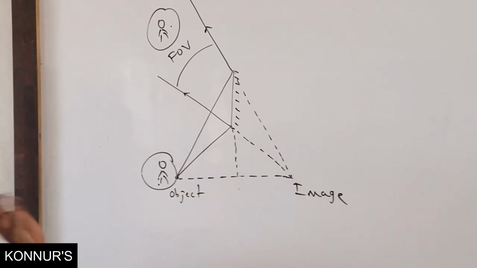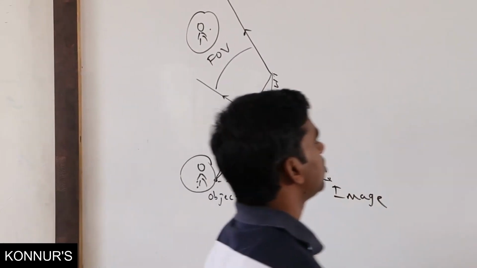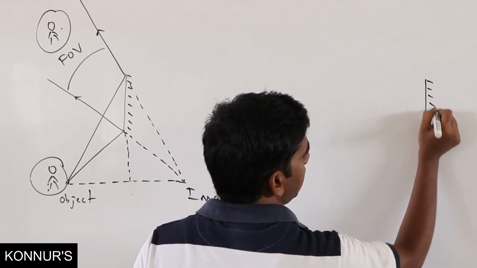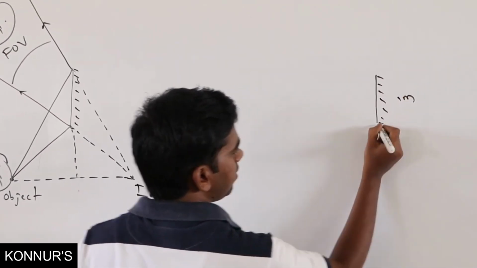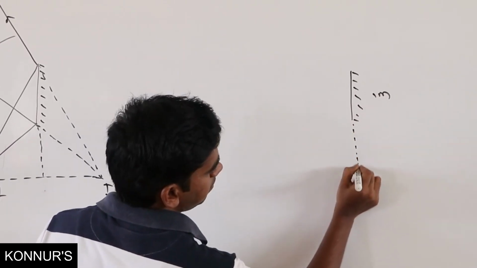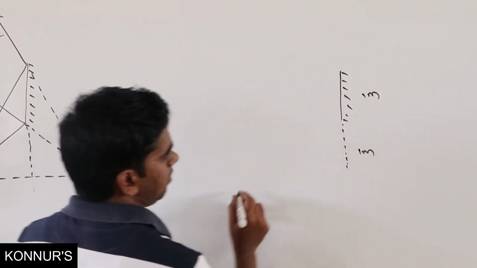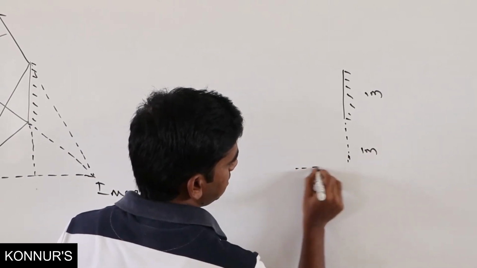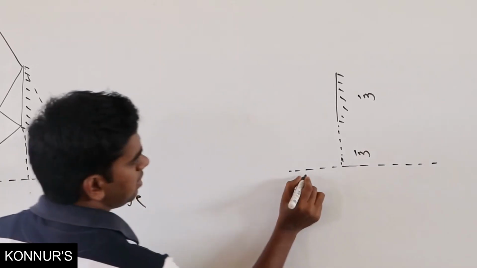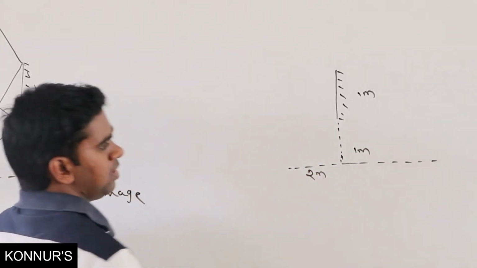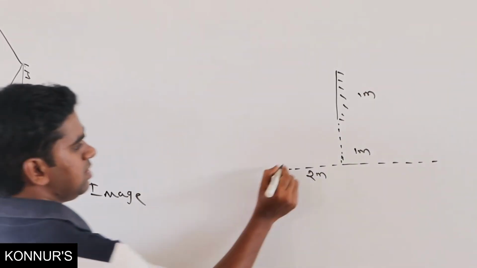So based on this, if we want to look at some problems, suppose a mirror is here, and the length of the mirror is 1 meter, and it is also at a height of 1 meter above the ground level. Now at some distance, say 2 meter, a person or one object is there.